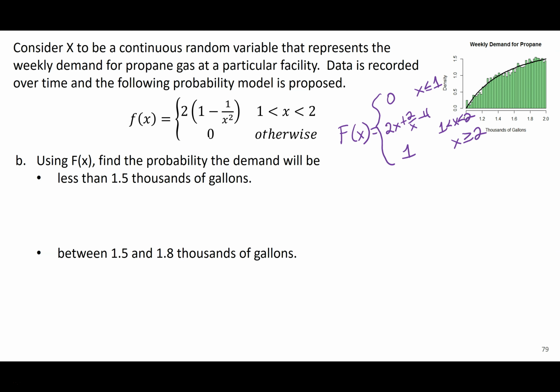So I can go ahead and use this. Using the CDF, find the probability that the demand is going to be less than 1.5 thousand gallons. We calculated this probability before on an earlier slide. So the probability that this is less than 1.5 is just the CDF at 1.5.